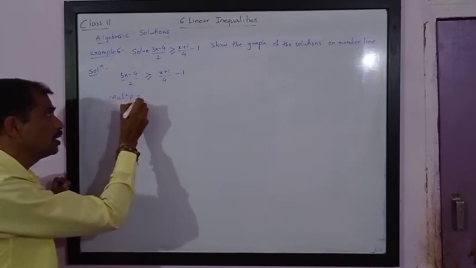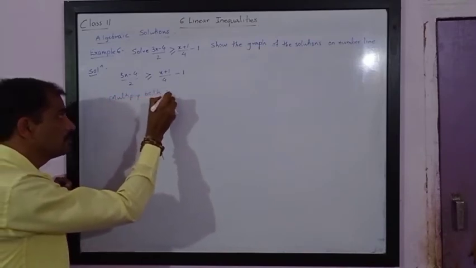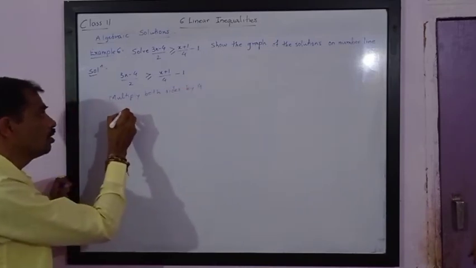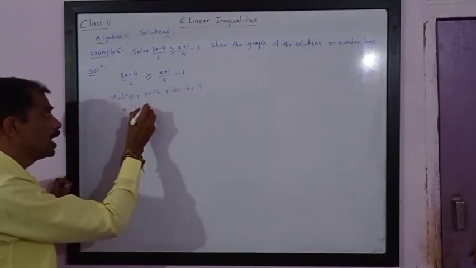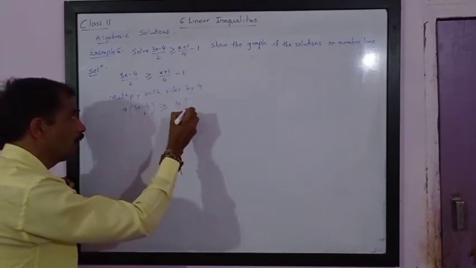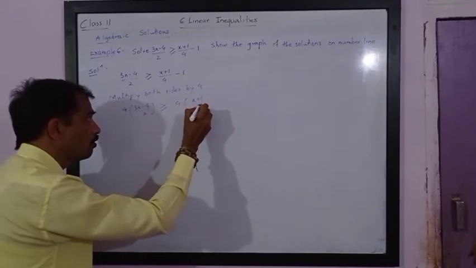Multiply both sides by 4. So you will get 4 multiplied by (3x minus 4) upon 2 is greater than or equal to 4 multiplied by (x plus 1) upon 4 minus 1.